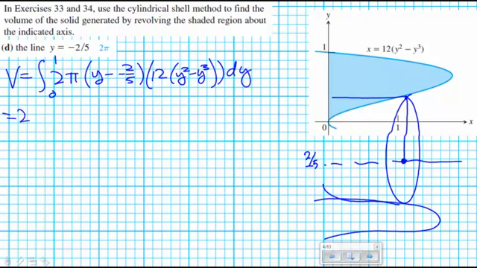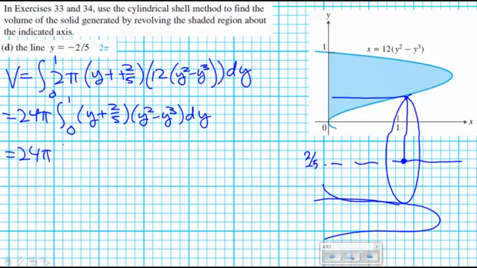Pull the 24 pi out again, 0 to 1. Correct that double negative, and we end up with y plus 2/5 times y squared minus y cubed dy. 24 pi, integral, and then we got to do the expansion again.